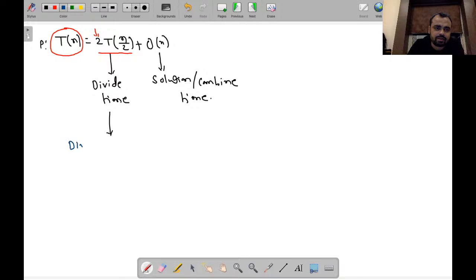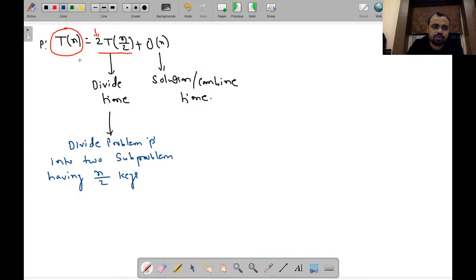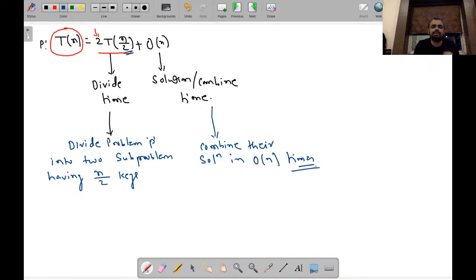So we divide P into problems having size n by 2, and this is the combine time. We combine their solutions in order of n. This is the meaning of the recurrence.